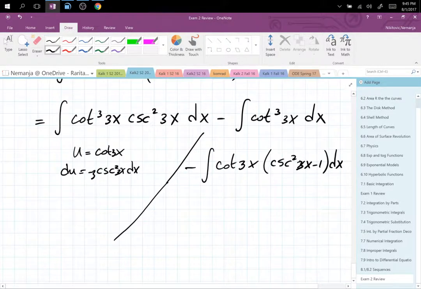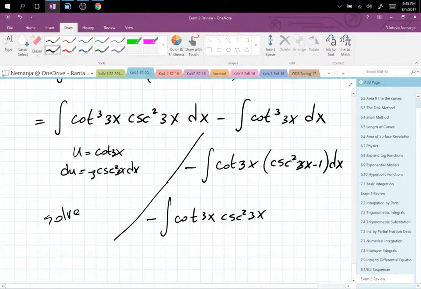And when you distribute that part, you get the integral of cotangent 3x cosecant squared 3x, and then minus and minus give you a plus, the integral of the minus 1 right there, boom, minus 1 of cotangent 3x dx.